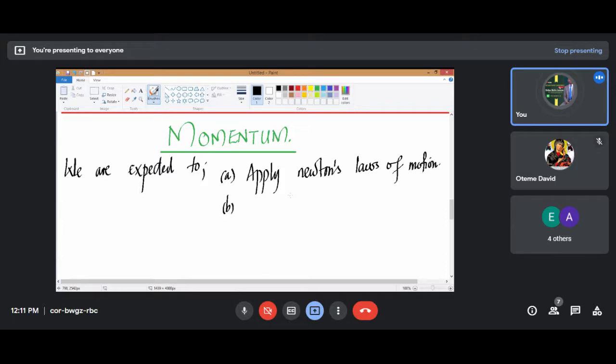As we apply Newton's laws of motion, we are going to be applying them to elastic and inelastic collisions.